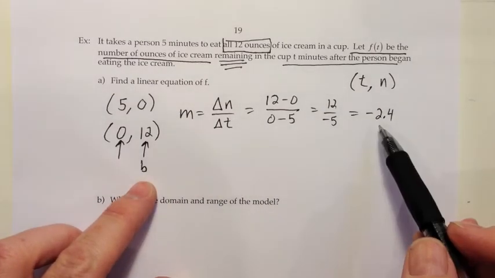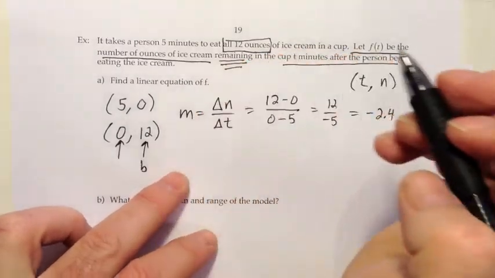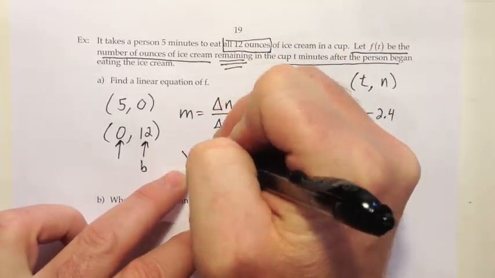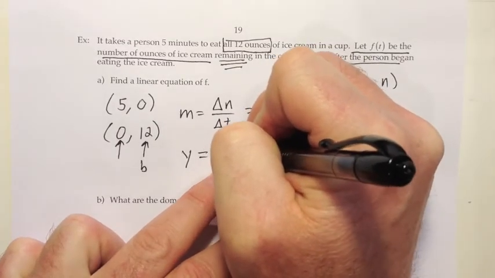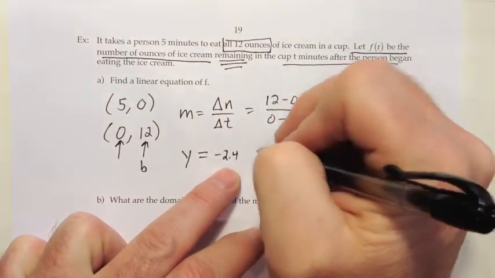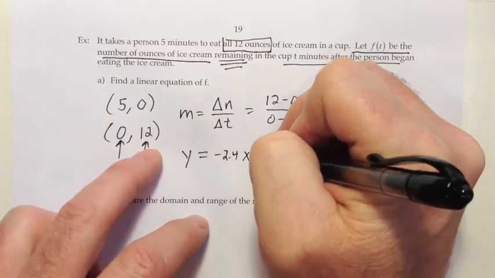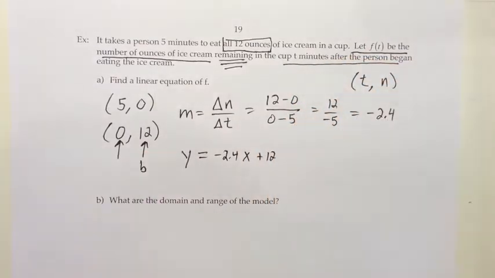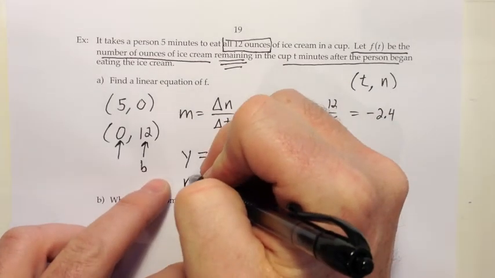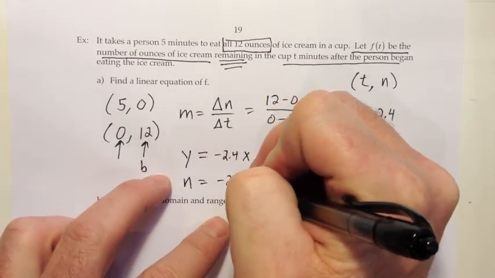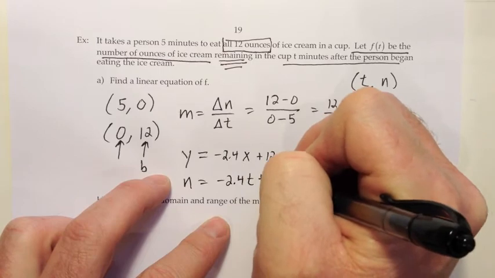So we have the b and we have the m, so we have our equation. I'll write it 3 ways. First, y equals mx plus b would be y equals negative 2.4 times x plus b, which is 12. But that's the standard x and y. We're using n and t, so really it should be n equals negative 2.4 times t plus 12.